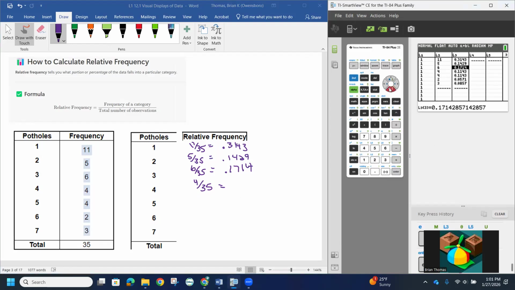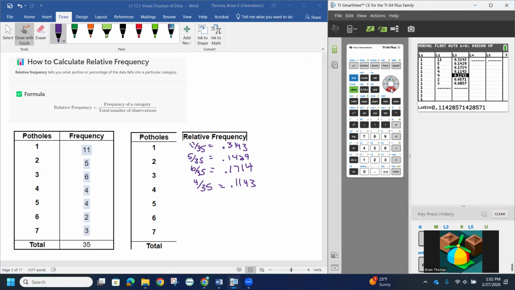If I go down to the 6, notice how it does go 0.1714, and that 2 would keep it a 4. If you highlight that number, you will see the whole number out there. So 4 out of 35 gave us 0.1143. If I move the decimal over two places, that'd be around 11% as a percentage.